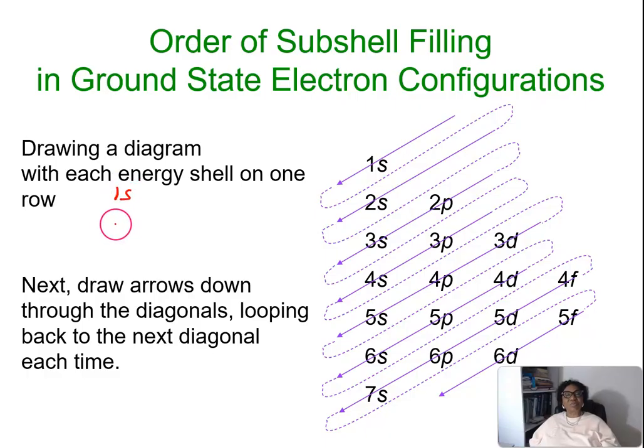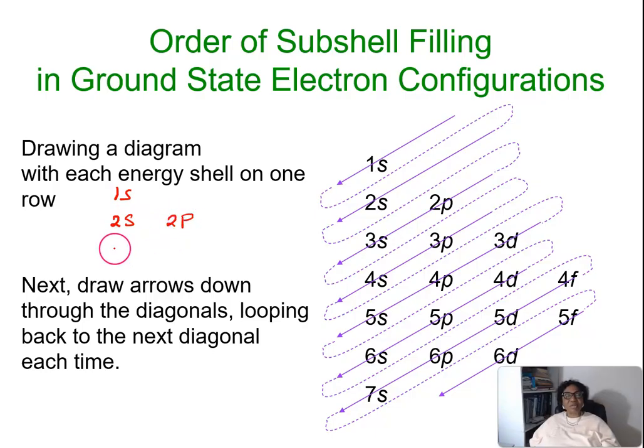It has only 1 orbital. The second shell has 2 subshells, but 4 orbitals, but we are just writing the subshells. So this is n equals 2. It has 2s and 2p.